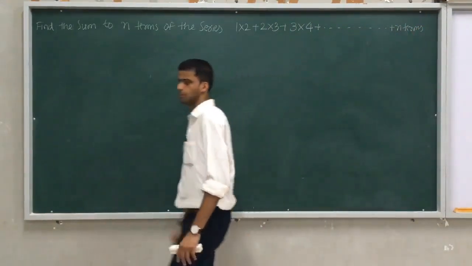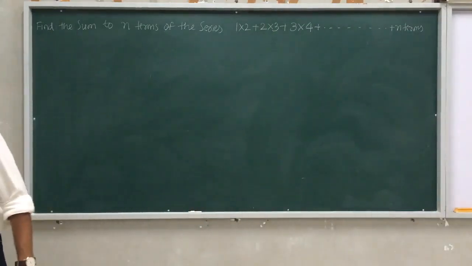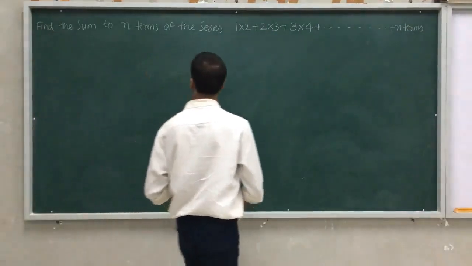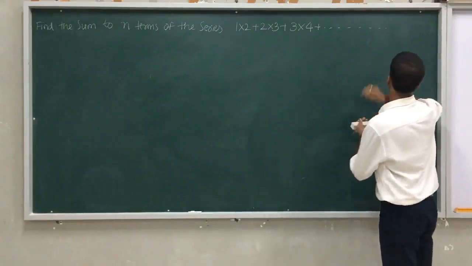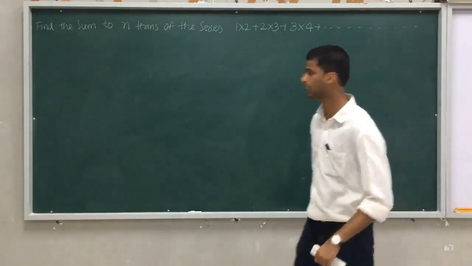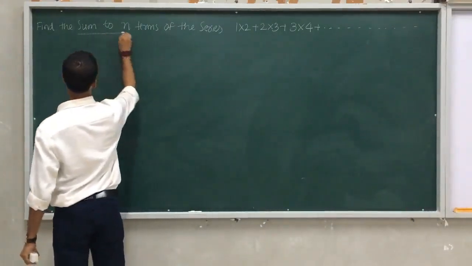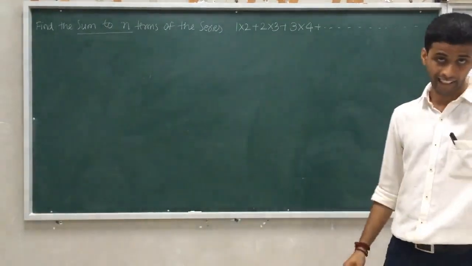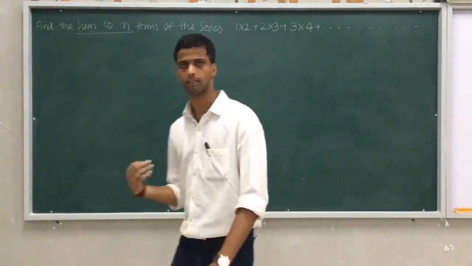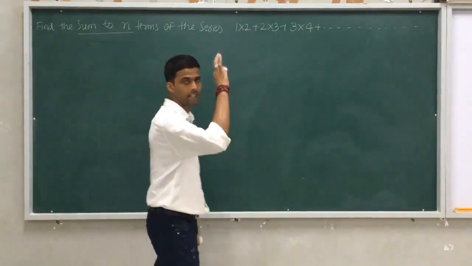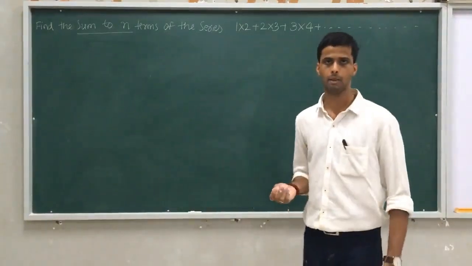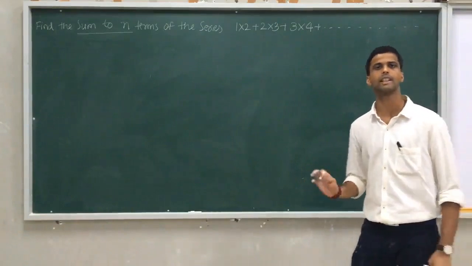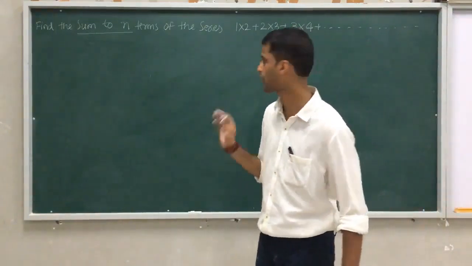They clearly mention they want the sum to n terms. So what is essential for the sum to n terms? The nth term is essential, but the bad luck is that the nth term is not given. But we are very fortunate, we can easily predict the nth term using the concept.